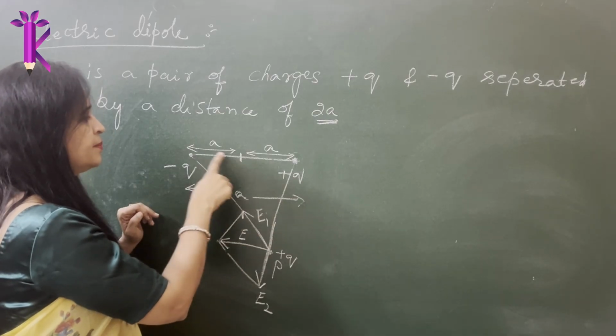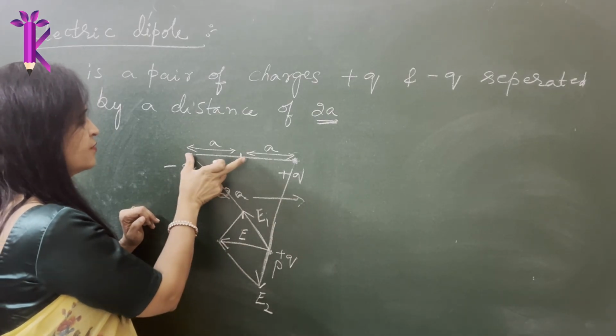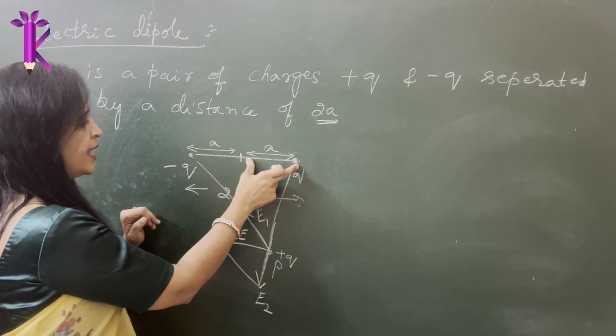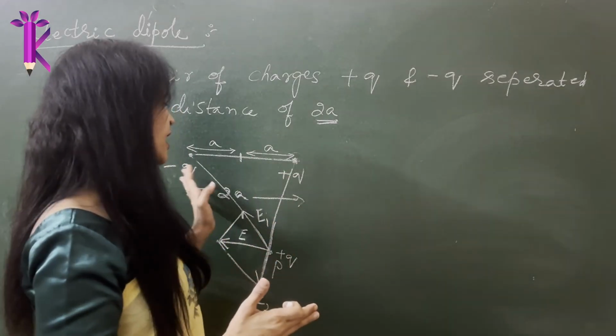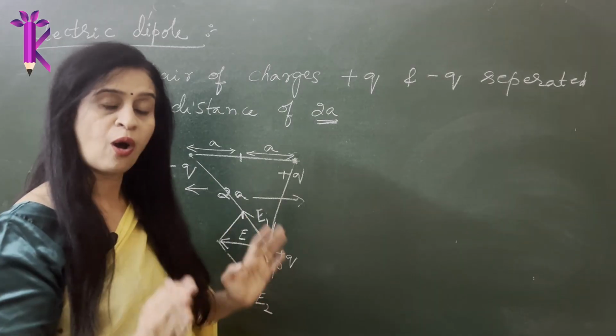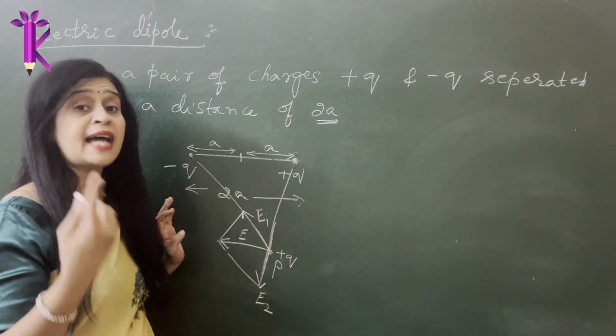Between the centers, we assume A and A, therefore the total distance of separation between the two point charges plus Q and minus Q is always 2A.